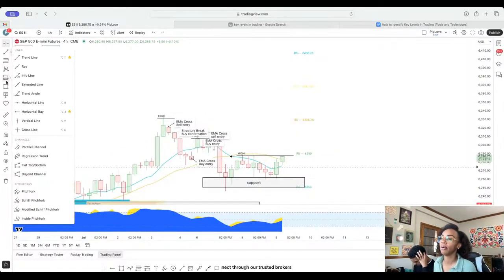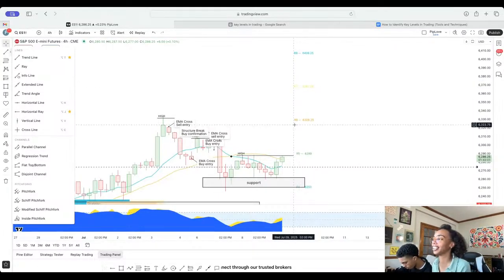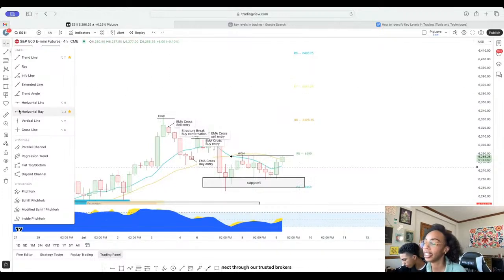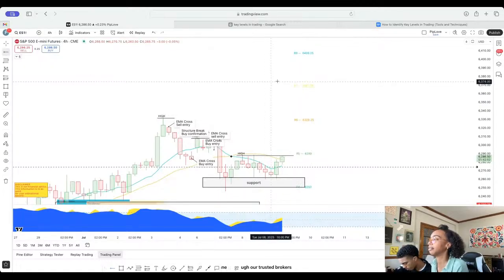So remember, we're going to mark these off. These are key levels. All of these pivotal zones here, these are key levels. And we'll go over that. But key level here, R6, R8. So let's go ahead and mark up our overall take profit zone according to pivotal zone. So that's going to be take profit 1.